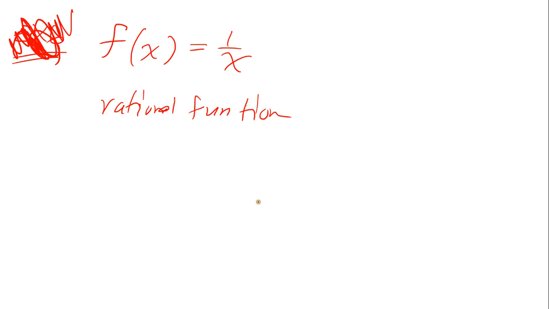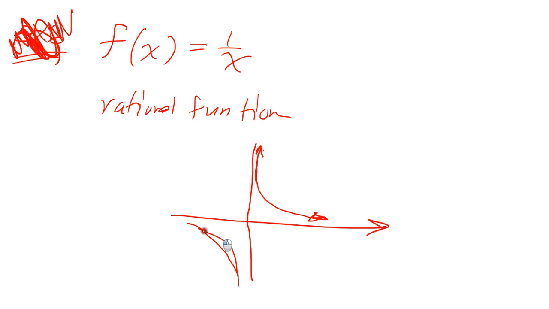Basically, for the graph of this, if we have a grid, I'm going to try to draw free-handed. It's basically going to look like this. Now, it's not perfect. You can look at your book for a better figure, this is on page 389 of your text.